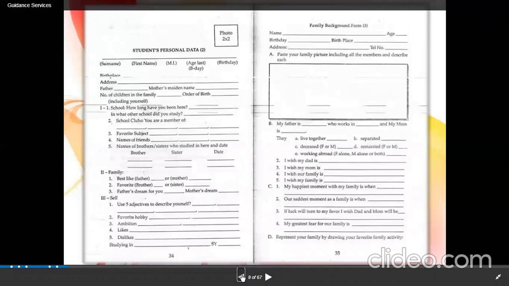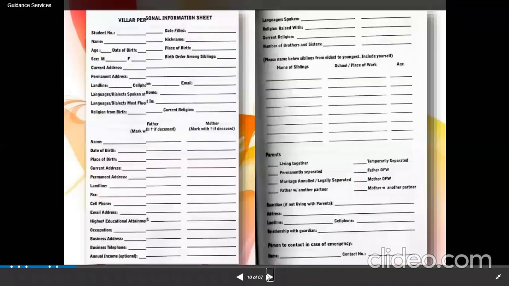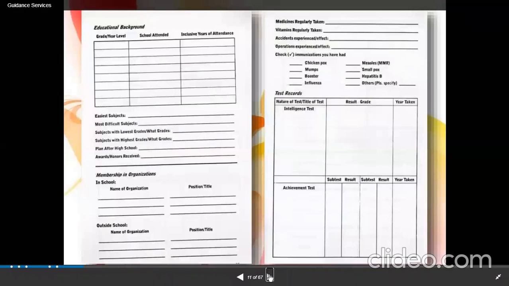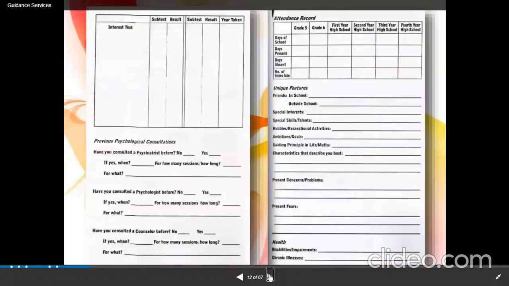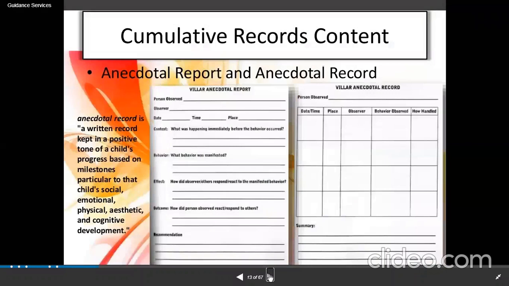Okay, the address, birthplace. So this is the example of the student individual inventory. And this also includes the anecdotal report and anecdotal record of the student.